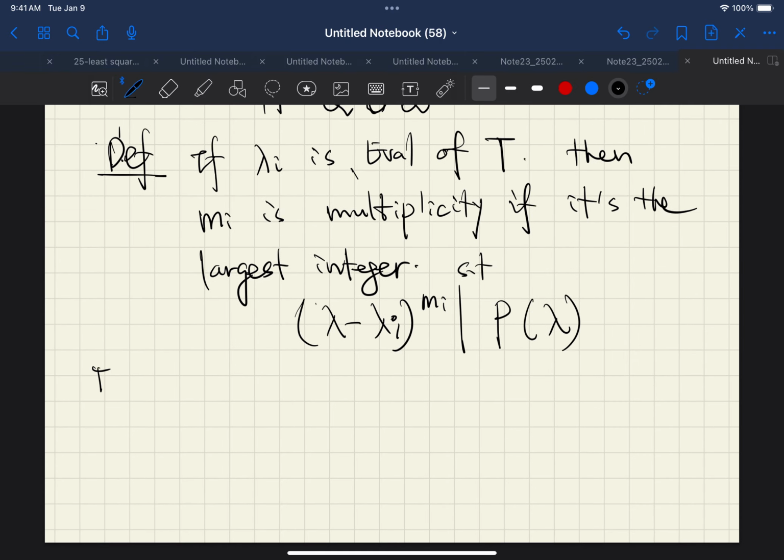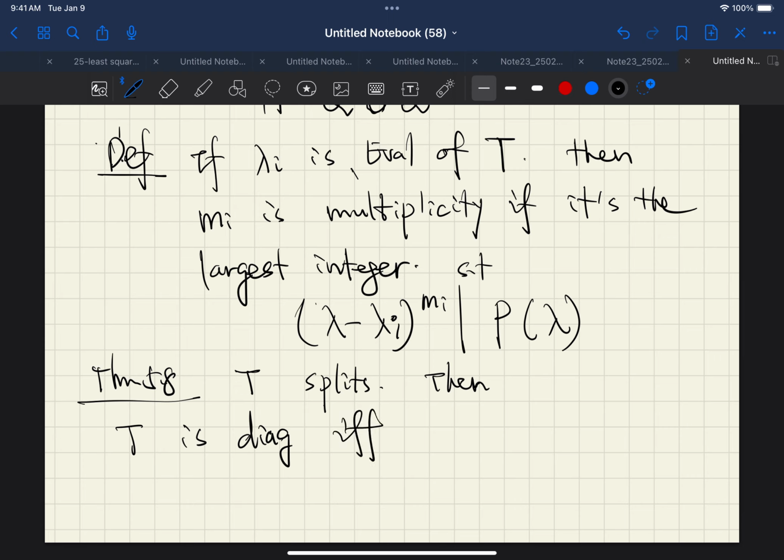And we're going to describe the last theorem. Let's say T splits. We know if T splits, it guarantees similar to upper triangular. But then T is diagonalizable if and only if lambda i equals m_i for all i equals 1 to k.